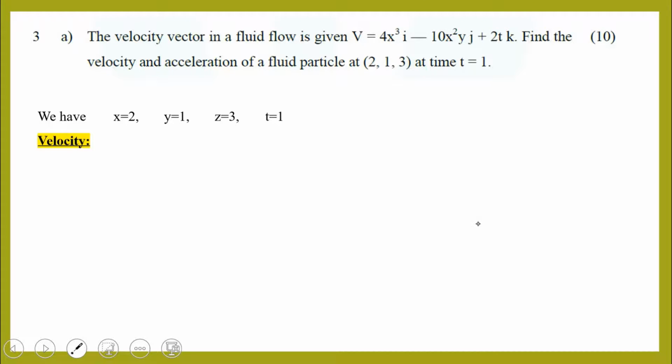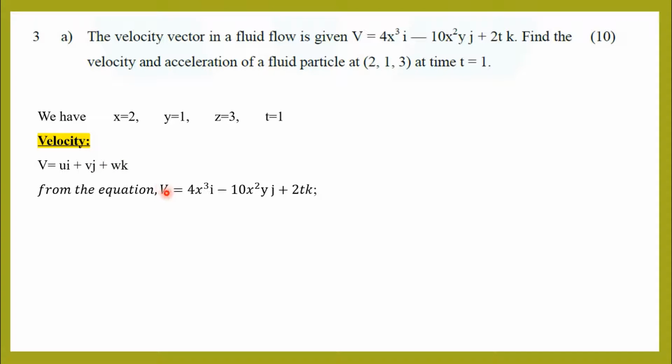In order to find the velocity, velocity can be written in terms of u i plus v j plus w k. From the equation v equal to 4x cube i minus 10x square y j plus 2t k, we can extract u, v and w.